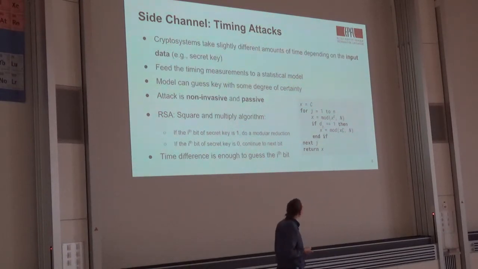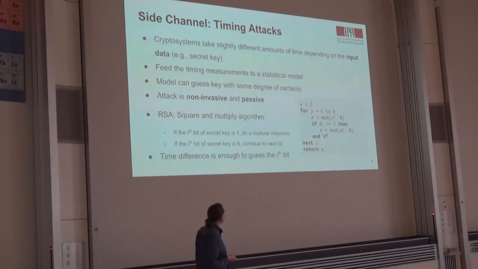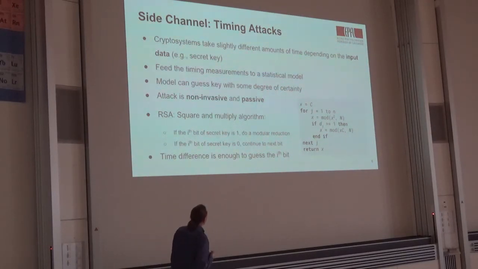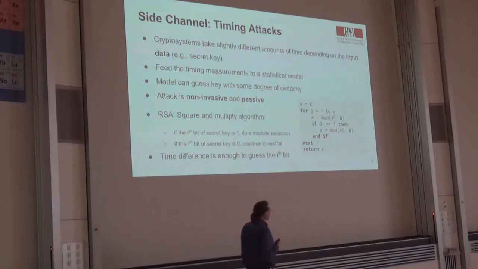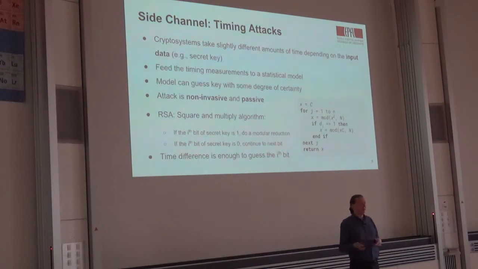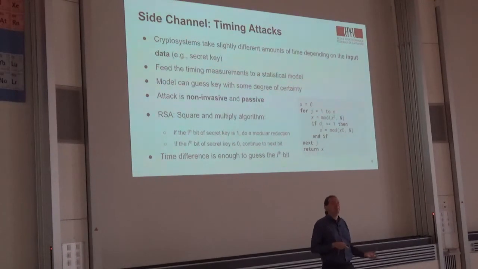So let's look at a particular case, the classic RSA public key square and multiply algorithm. So this is used in RSA encryption and decryption. This is actually the first time in this course that we're in some sense opening the black box of these cryptographic primitives.